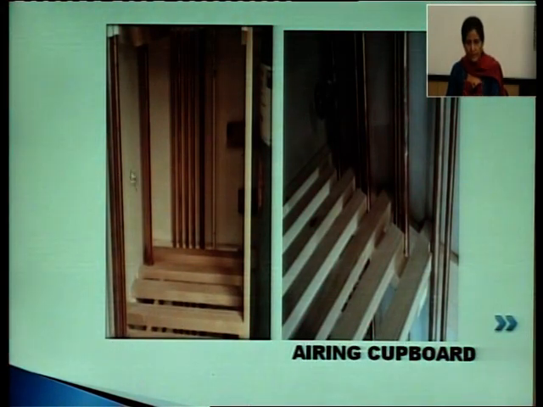Now you can see these pipes keep the dampness away as hot water runs in these pipes, and look here, you can see different slot portions. Instead of providing a simple shelf over here, a groove is left in between to keep the dampness away. The same function is kept here, and this is called an airing cupboard.